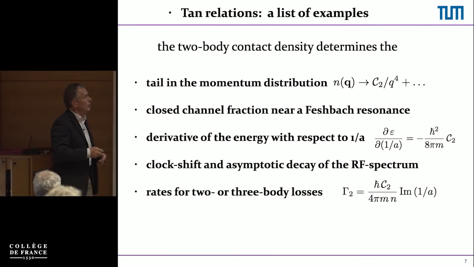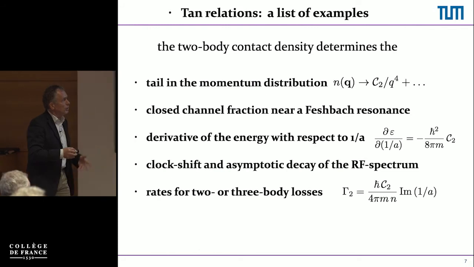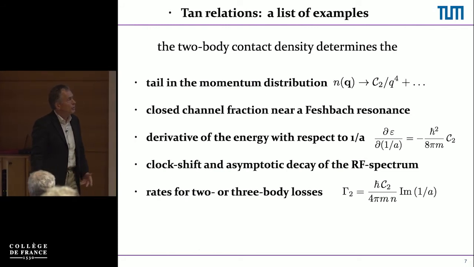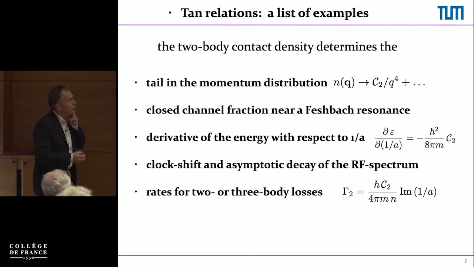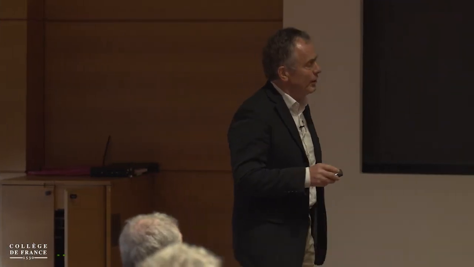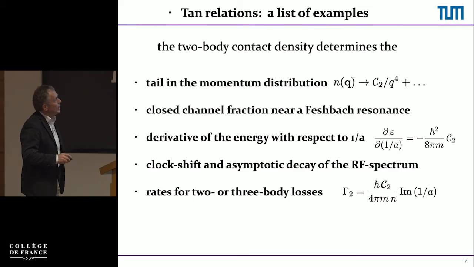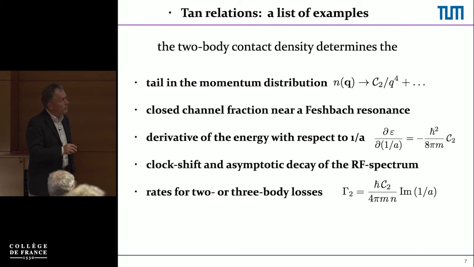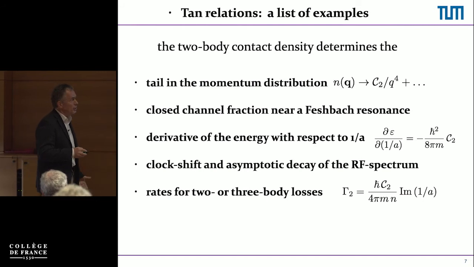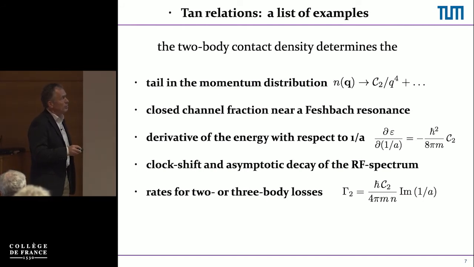You can also show that the clock shift and the asymptotic decay of the RF spectrum are related to this two-body contact density. This is something that we did early on with Matthias Punk. And you can now extend this to two-body losses and also three-body losses with this C2. You have two-body losses when the two-body scattering length has an imaginary part, and the rate is determined by this coefficient C2 in a very simple manner.